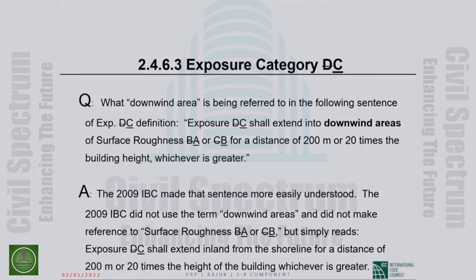The 2009 IBC did not use the term downwind areas and did not make reference to surface roughness A or B, but simply reads exposure C shall extend inland from the shoreline for a distance of 200 meters or 20 times the height of the building, whichever is greater.